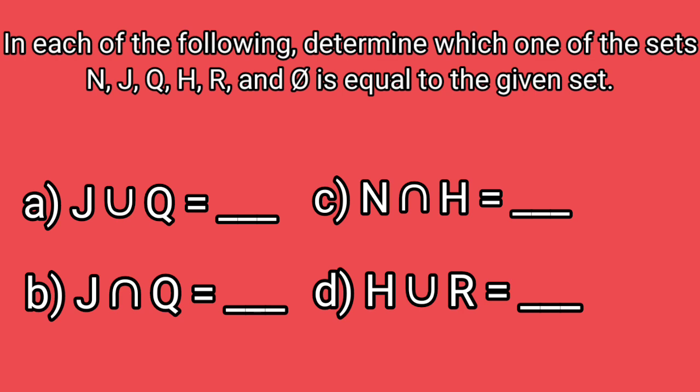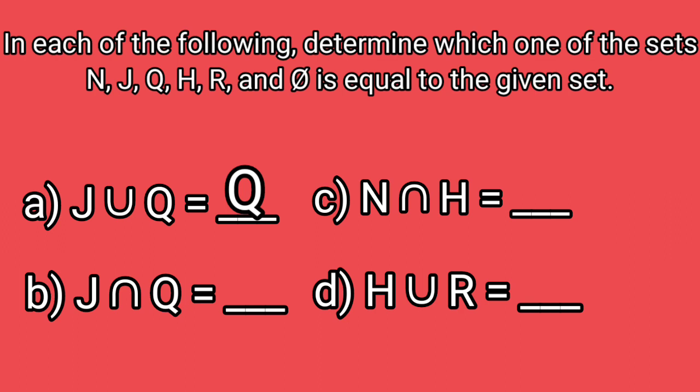A. The union of J and Q is the set of numbers that are either integers or rational. Because the set of integers is a subset of the set of rational numbers, this union is the set of rational numbers. Hence J union Q is equal to Q. B. The intersection of J and Q is the set of numbers that are both integers and rational.